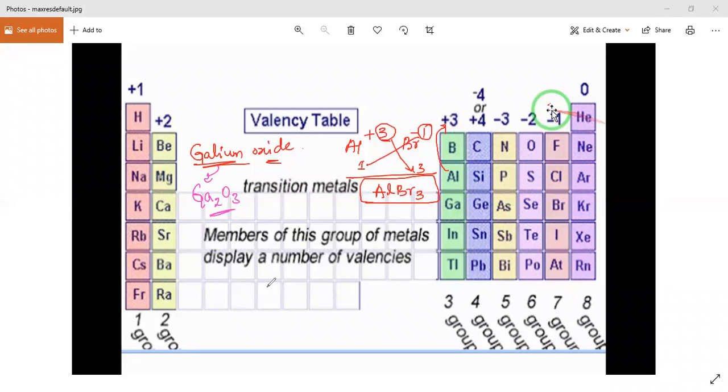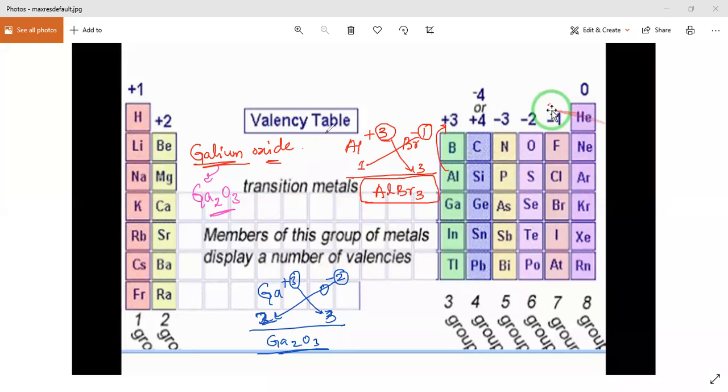Sir, oxide valence is 2, gallium valence is 3. Gallium will show plus 3. Oxygen will show minus 2. So they both will exchange. We'll take 2 here, we'll take 3 here, so we'll get Ga2O3. Any doubts in this?